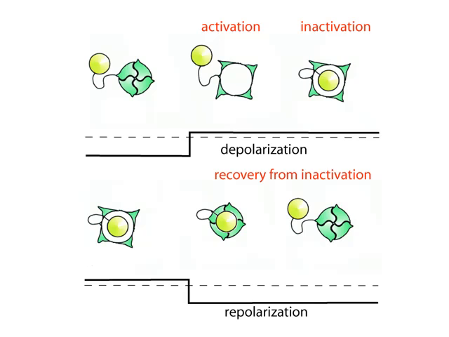This diagram illustrates the activation and inactivation processes of the voltage-gated sodium channel. We're looking at the channel from the outside of the cell, looking down on the membrane, and what we see here is the activation gate of the channel, which is closed.